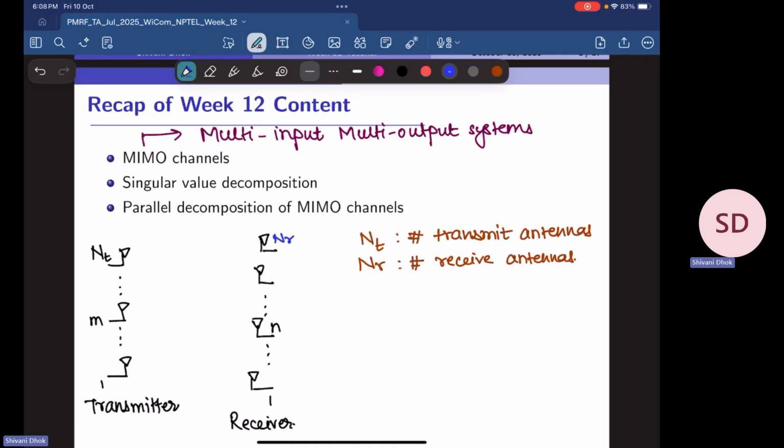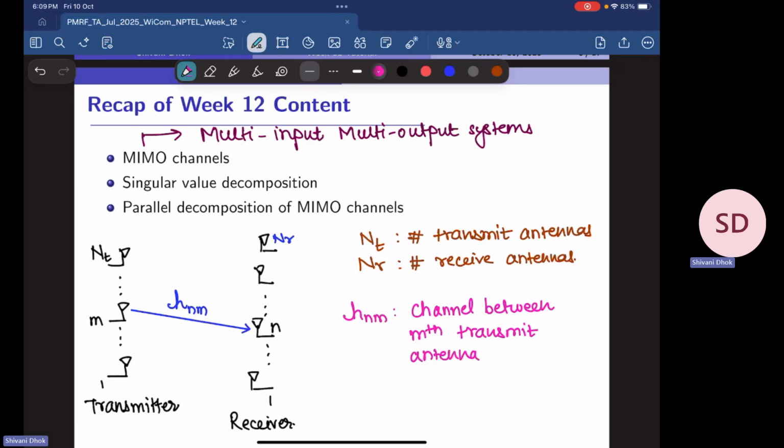So this is the setup, and the channel between your mth transmit antenna and nth receive antenna is given by H_nm. Just to write again, H_nm is your channel between the mth transmit antenna and the nth receive antenna.